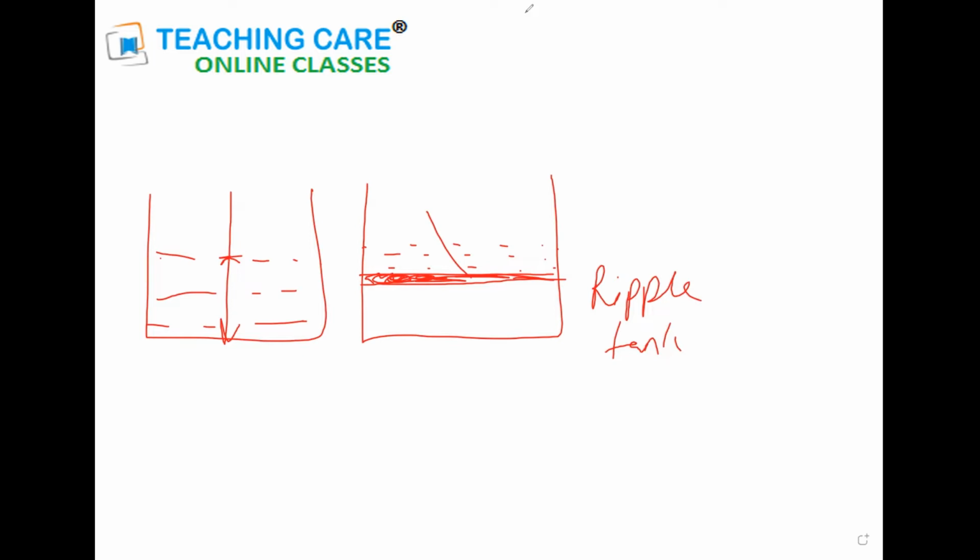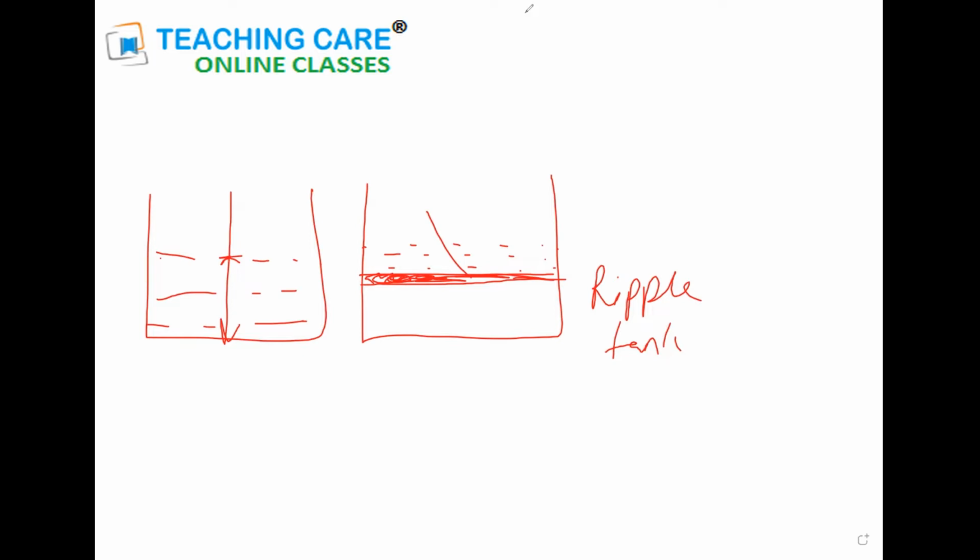On the left, ripples are in deeper water and moving fast. On the right, ripples are moving slowly.